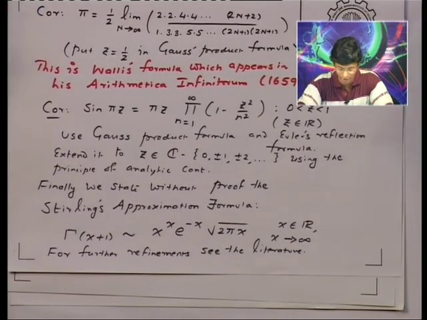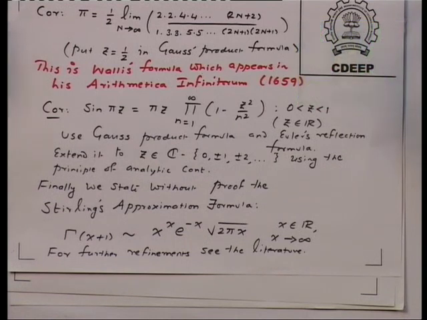There it is in the very last line. Gamma of x plus 1 is asymptotic to x to the power x, e to the power minus x, square root of 2 pi x. I am stating it over the reals. There is a corresponding formula for the complex numbers. These will hold in certain sectors, but I am not going to worry about all those things. What does this tilde mean here?